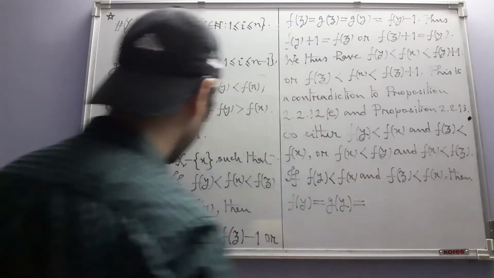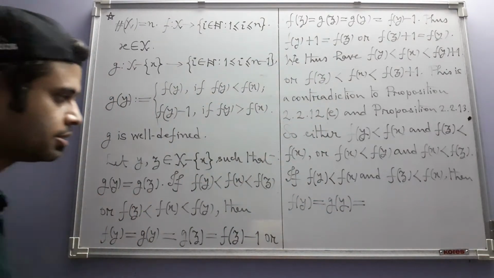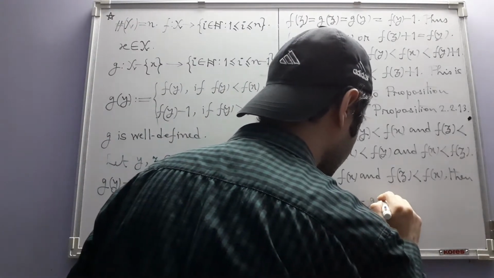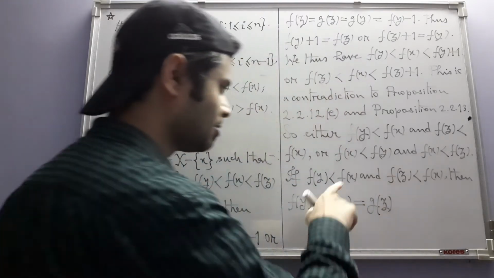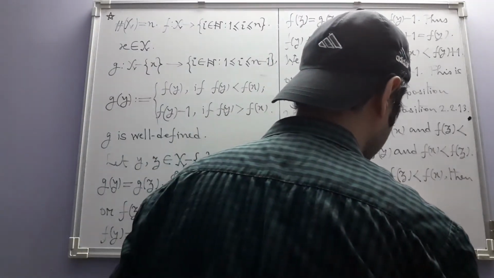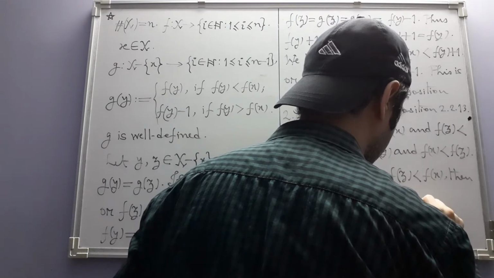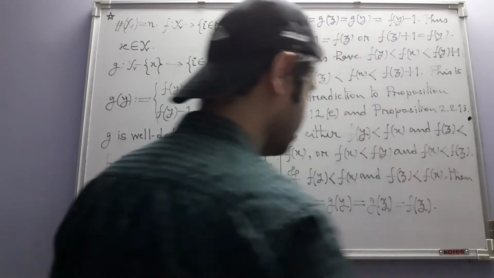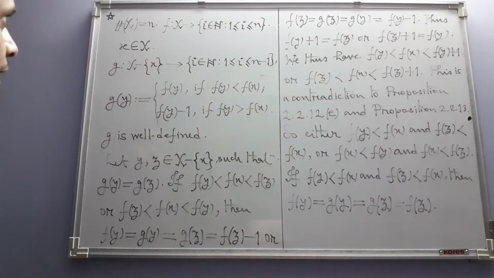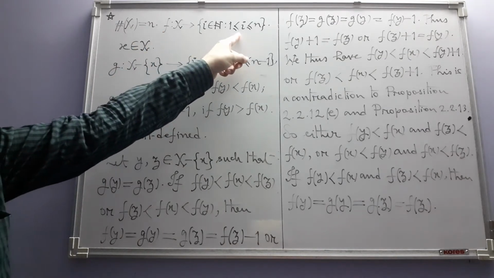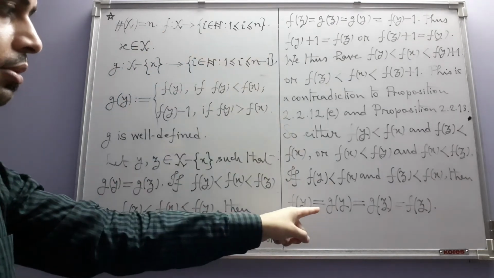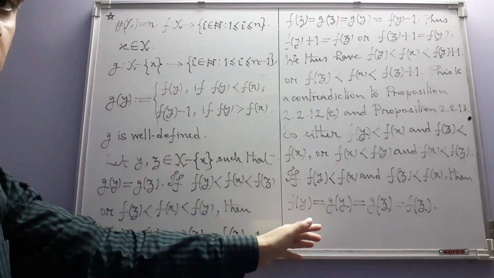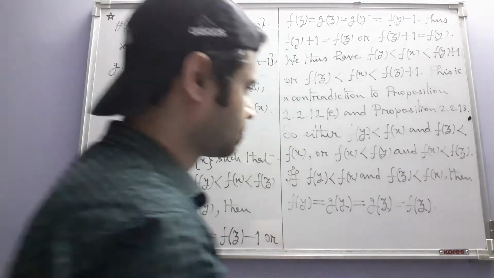But from our assumption g of y is equal to g of z, and because f of z is also less than f of x, so this is equal to f of z. Now f originally is a bijection, so it is an injection also, it's an injective function.